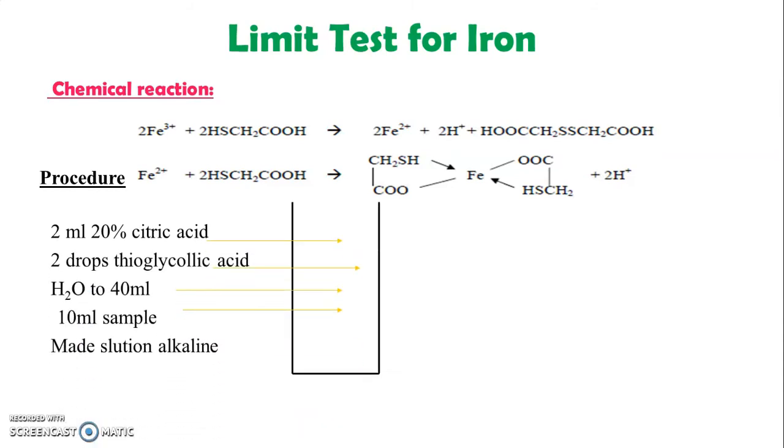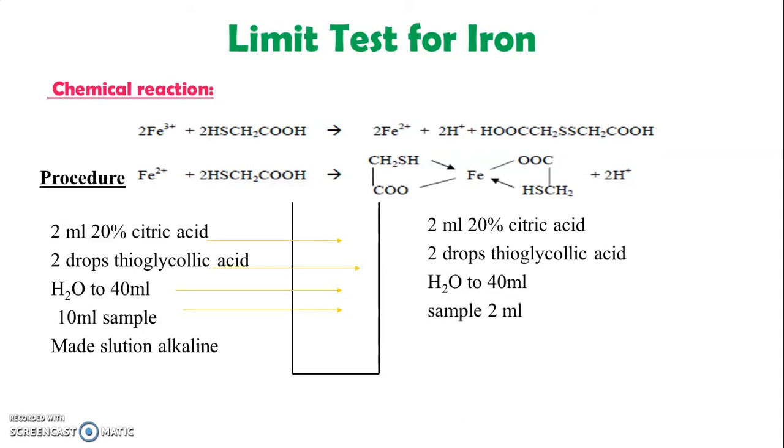So this is the procedure. First of all, we take 2 ml of 20% citric acid, then 40 ml of water, 10 ml of sample, and then we add 2 drops of thioglycolic acid, and lastly we make the solution alkaline with the help of ammonia.